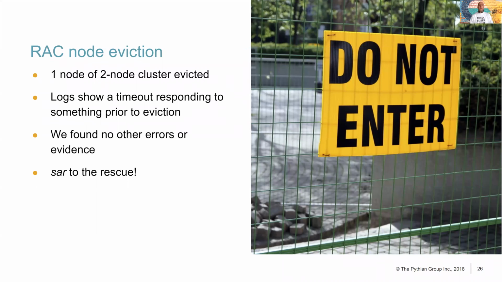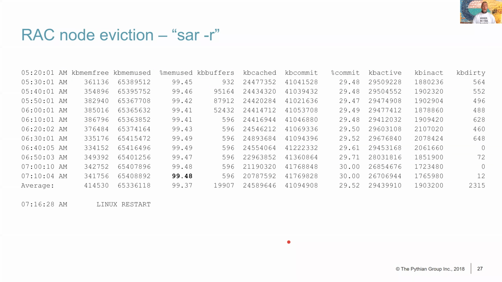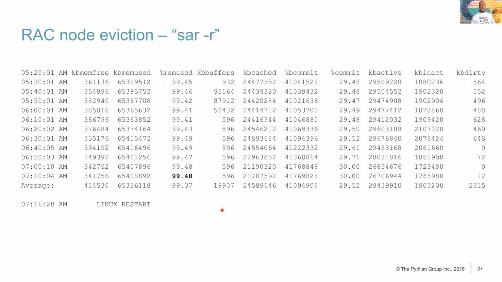That was not there. So we used the SAR tool, the Linux SAR tool, right? It's our friend in this kind of situations. With SAR, we can see that close to 100% of the memory was in use, which for a 64 gigabyte node like this one, is not typical. It's not common.